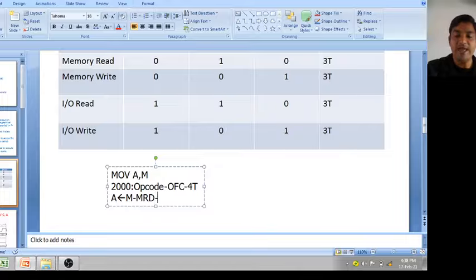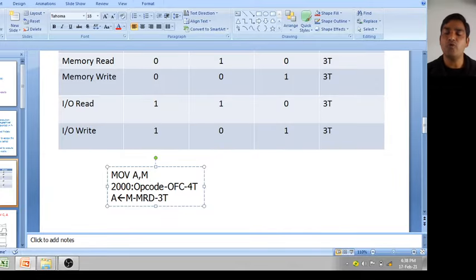Can you tell me why? Because in case of opcode fetching, one extra T state is used for decoding. There is only one major difference.